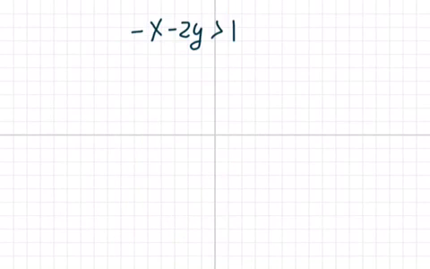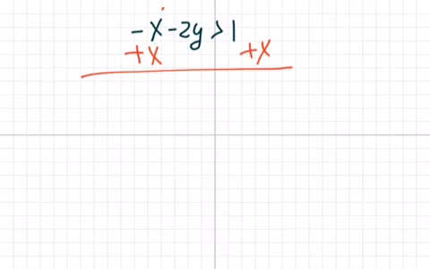Last problem, where y is not by itself, so we have to get it by itself first. We'll add x, x's cancel, negative 2y greater than x plus 1. Then we're going to divide everything by negative 2.